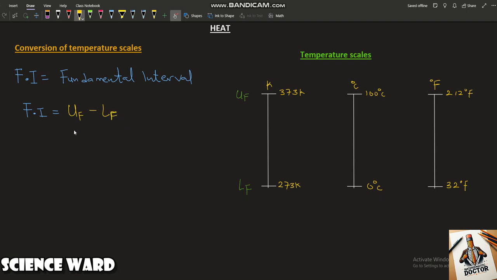The fundamental interval is the difference between the upper fixed point and the lower fixed point. I can bring this all up together in this case. Okay, so there we go. Did you see the fundamental interval right here?